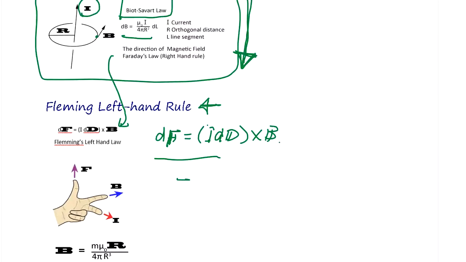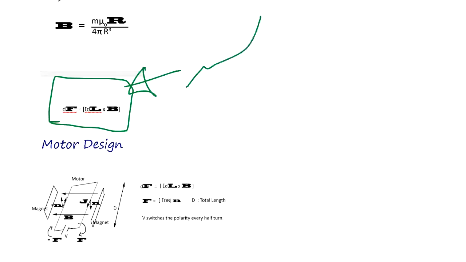In high school you say F equals I B kind of things, but you have to take a derivative to calculate the not-straight wire or circle or whatever.